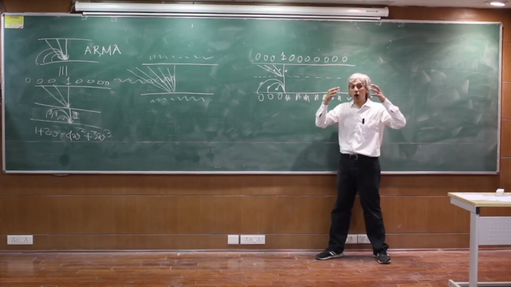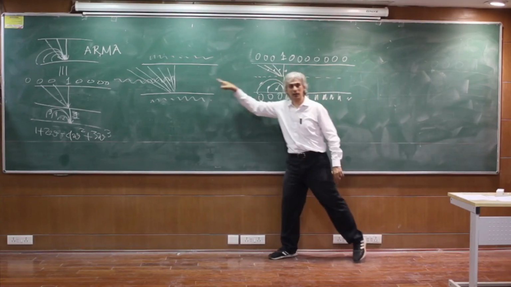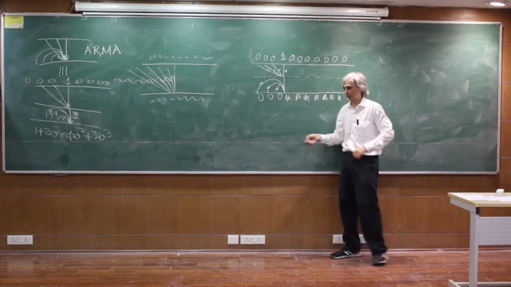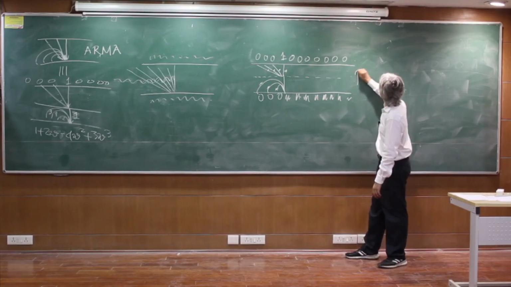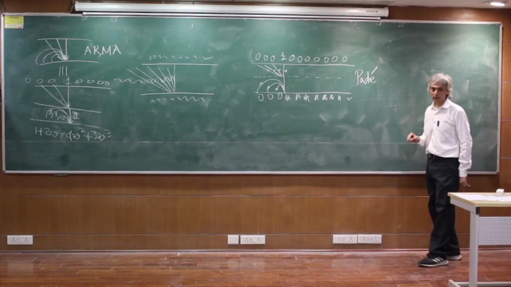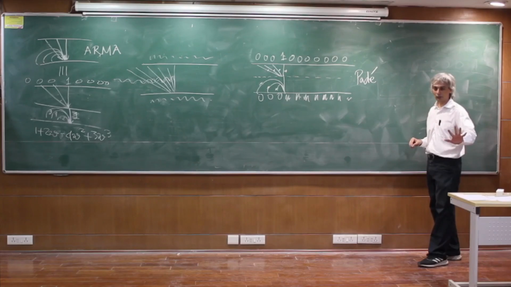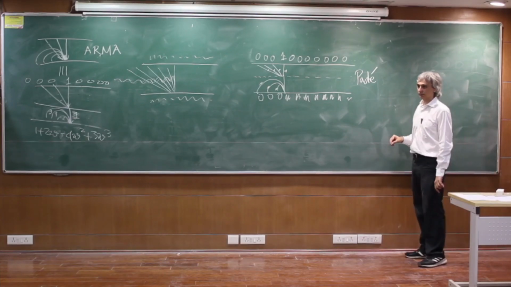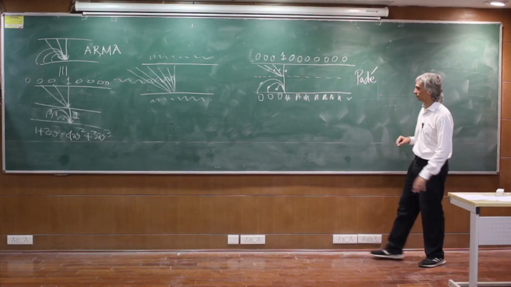Okay. The noise reduction has already happened in this part, so this will give you a decent ARMA representation. This is called the Padé approximation method. Okay. I'll quickly just tell you the algorithms now. Okay, this is one method.